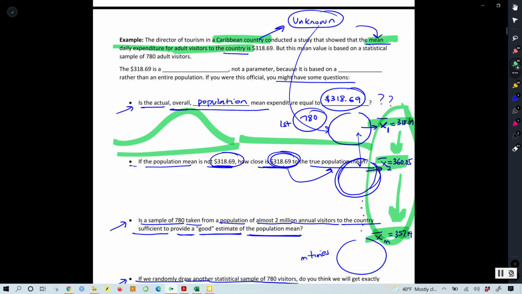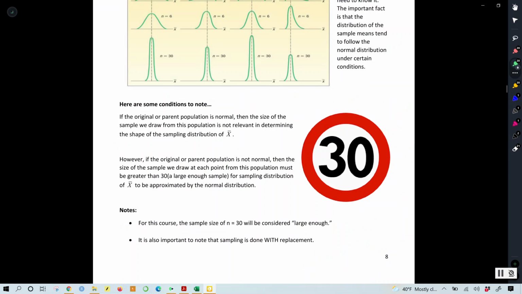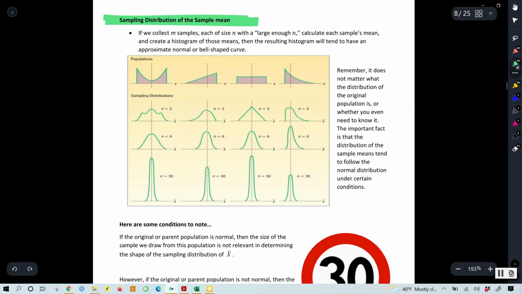So let's go back to our other page. Here we're back to page 8 of your notes. So when we learn about the sampling distribution of the sample mean, we will collect m samples, and each of them can have a size that you predetermine. In the illustration I've just given, our n was equal to 780.